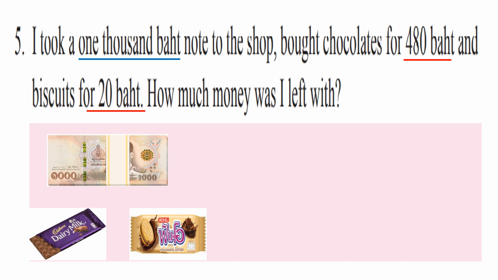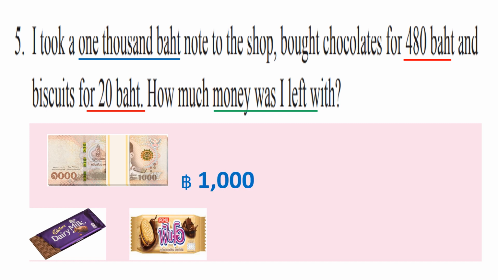Then you're going to find how much money was left. You have the picture here. You have money, then you're going to buy chocolates and biscuits. The price for chocolate is 480 and for the biscuits is 20 baht.